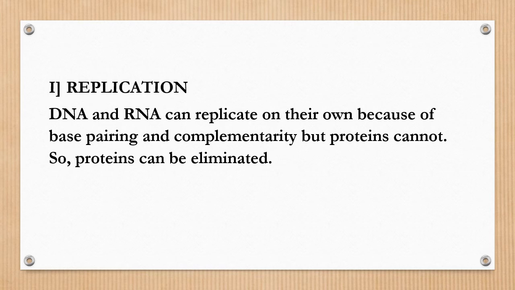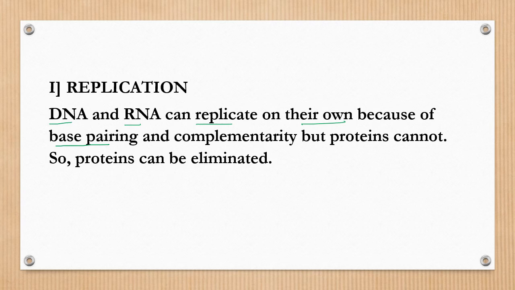Now, the first one is replication, that means synthesis of a new molecule. DNA and RNA, both nucleic acids, have the capacity to replicate on their own. Why do they undergo replication? Because they have base pairing and complementarity. The base pairing is complementary to the other.